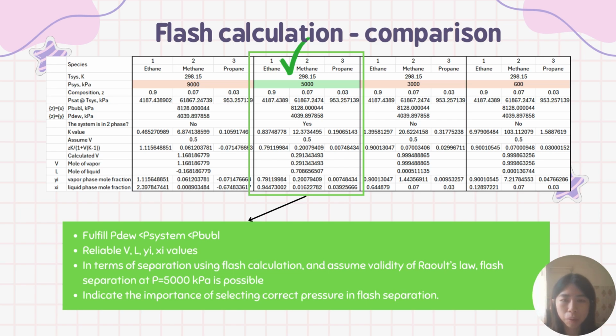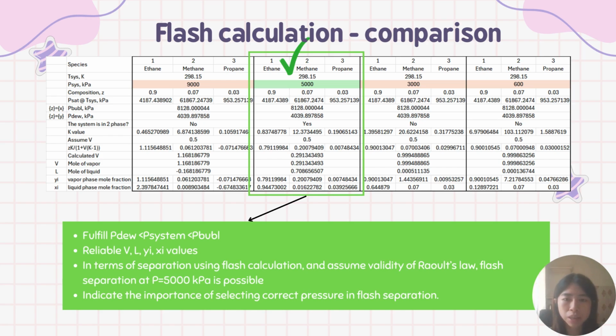If you can see from the table over here, the green colored box fulfills the condition where P system is larger than P dew and also smaller than P bubble. And then you can see also the V, L, Yi, and Xi values are reliable, whereby they are all below 1, and the total of V plus L is 1, and the totals for both Xi and Yi will be 1 as well.